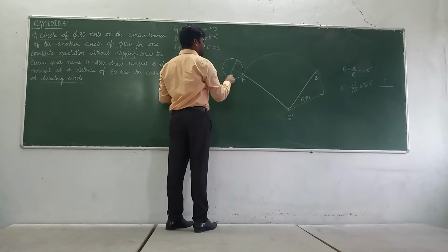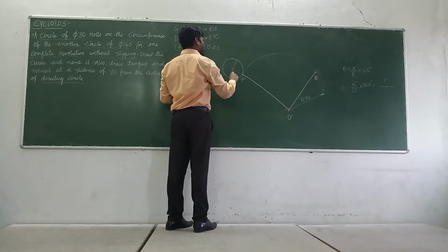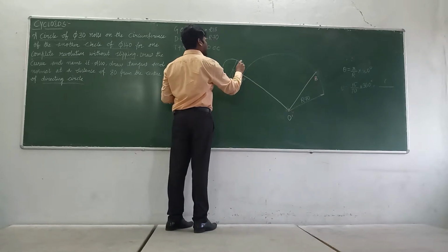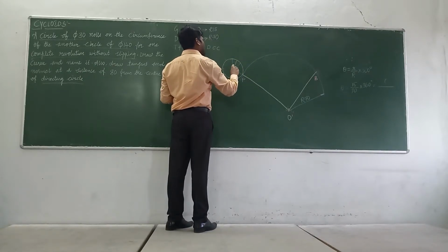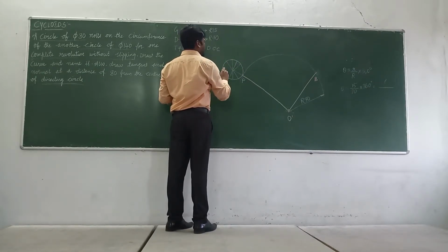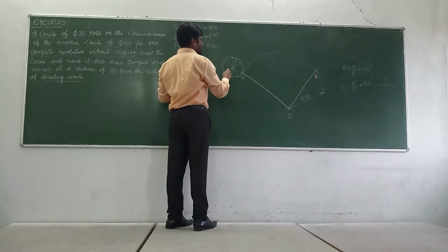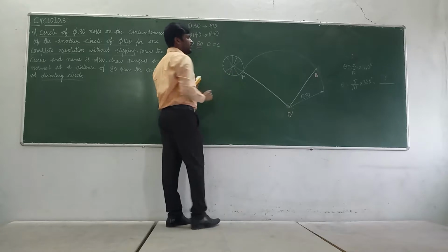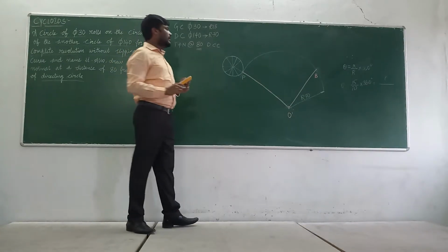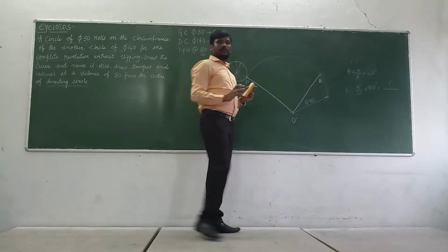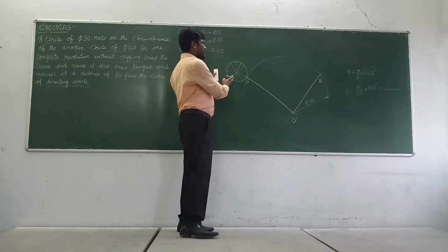I hope you have gone through my video on how to divide a circle into 12 equal divisions. So using that easy method, students, you have to follow here also. Similarly, you are going to divide the arc also into the same number of equal divisions.